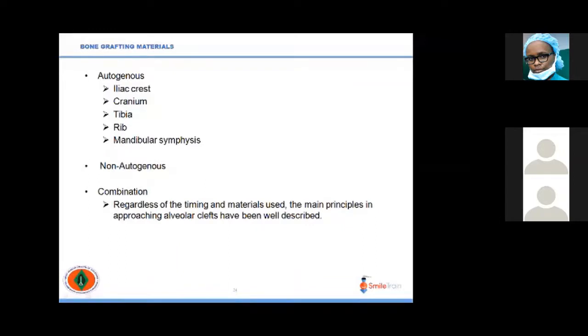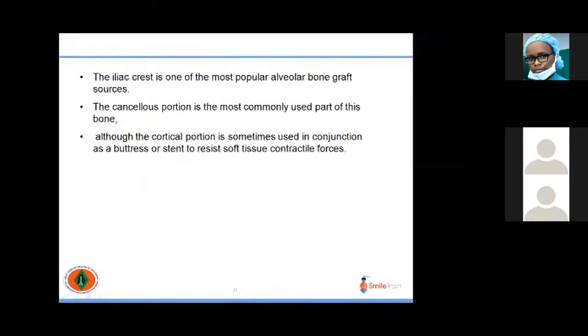The iliac crest is one of the most popular alveolar bone graft sources, but it also has its own drawbacks. The cancellous portion is the most commonly used part of this bone, although the cortical portion is sometimes used in conjunction as a buttress or stent to resist soft tissue contractile forces, as we are going to see in some of the patients that we have operated on, which will be shown later during the course of this lecture.